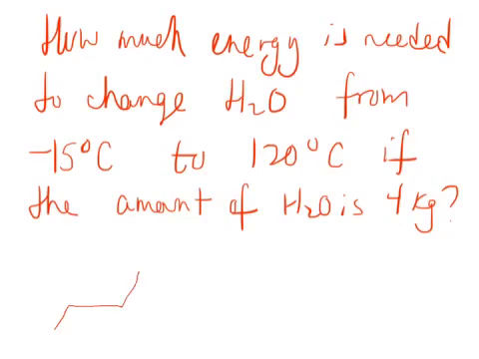We're going to increase the temperature of the water. We're going to vaporize into gas. And then we're going to increase the temperature of the gas. So we're starting down here at negative 15 degrees Celsius. We're hitting 0 Celsius, we're hitting 100 Celsius, and then we're finishing off at 120 degrees Celsius. So this is the process which we need to undergo. This is quite a lengthy process. Let's take a look at what we've got.